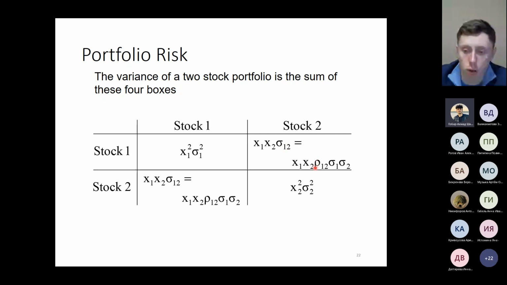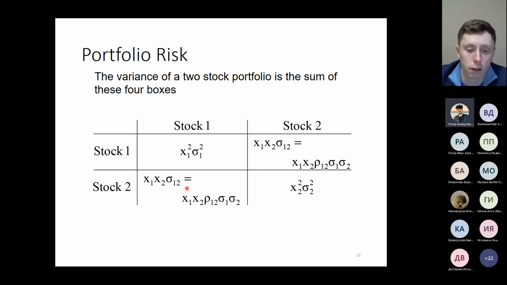This rho here is a correlation coefficient, the correlation coefficient of returns between stock 2 and stock 1. Rho multiplied by the standard deviations of those two gives us the covariance. This term here is a covariance.